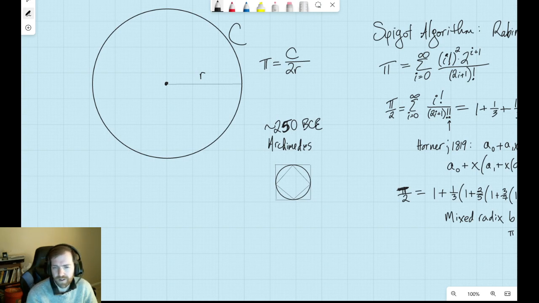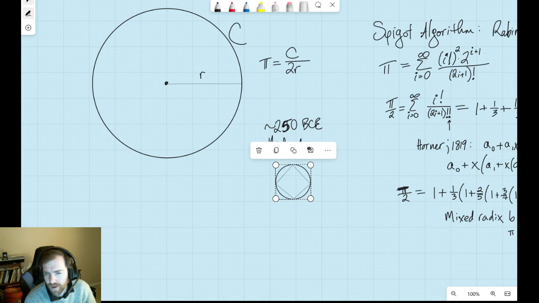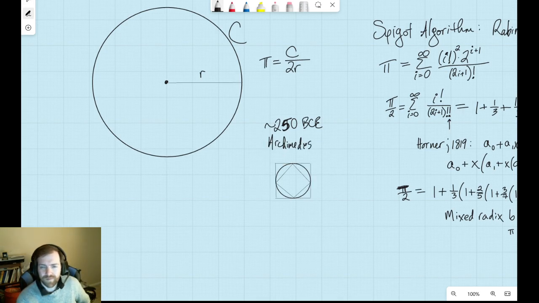Right, so here we have this diagonal, which is going to be all four sides of the inscribed square, which are all length √2/2.